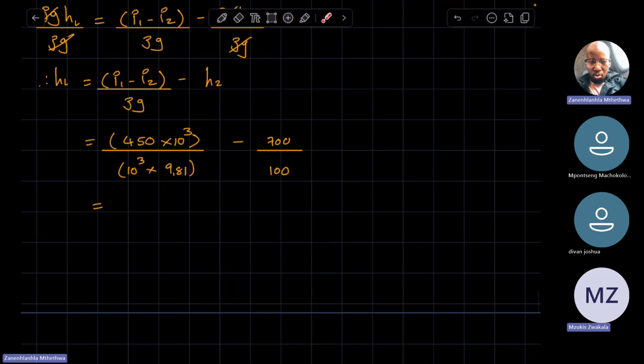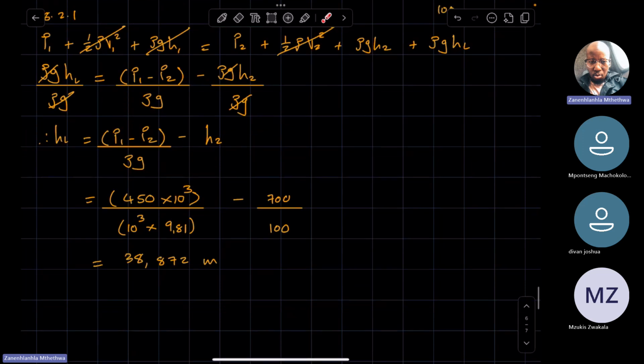I get 38,872 meters, right? So the total head loss will be this here, the 38,872. So this represents all the losses in the system, right?